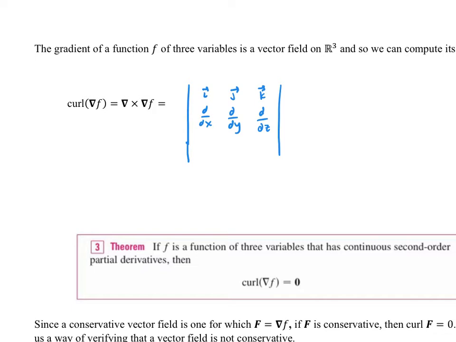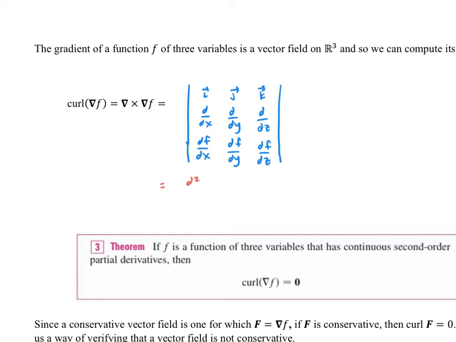And the gradient of f is just the partial derivative of f with respect to x, the partial derivative of f with respect to y, and the partial derivative of f with respect to z. So again, the three components on the bottom here are all just your gradient components of that gradient vector f.